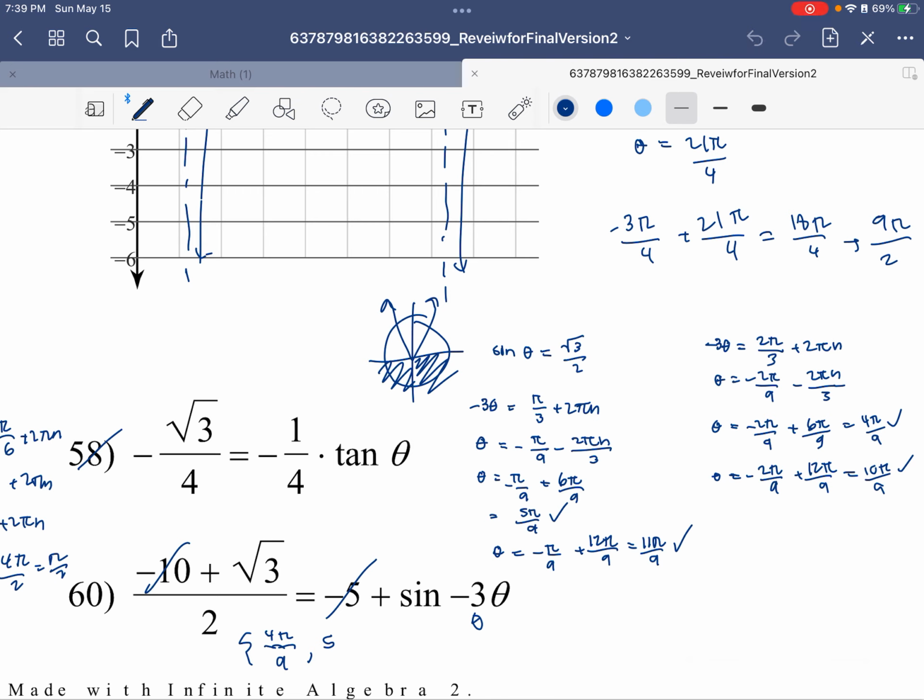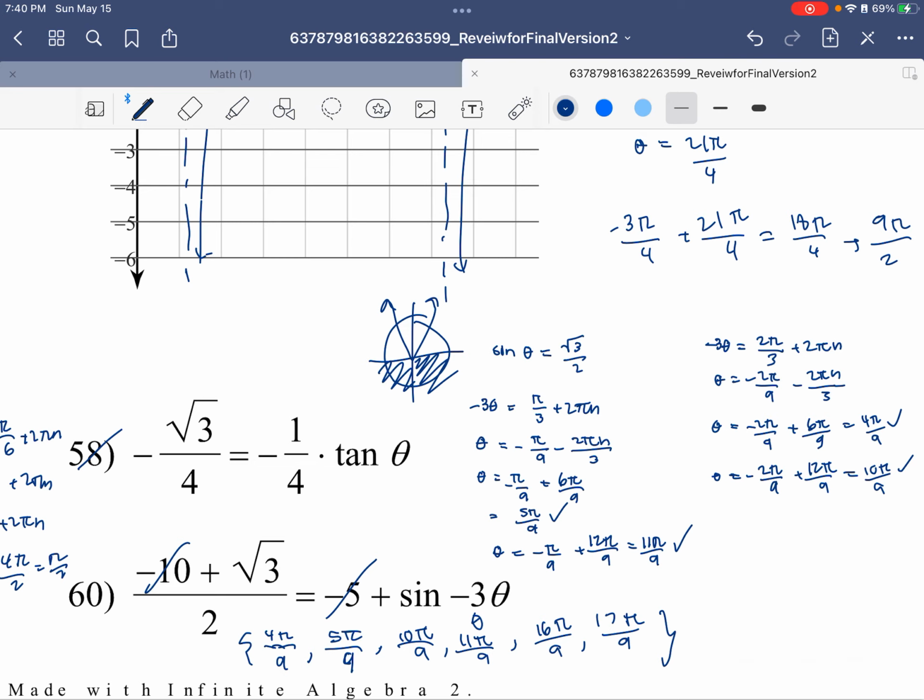Then we had 5 pi over 9, and then we had 10 pi over 9, then we had 11 pi over 9. And you kind of see this pattern, how it moves by. It's plus 4. Or not plus 4. Plus 1, plus 5, plus 1. And that just tells us next is going to be plus 5, and then plus 1. And that's going to be it, because plus 5 would have us at 22, and that is past 2 pi.